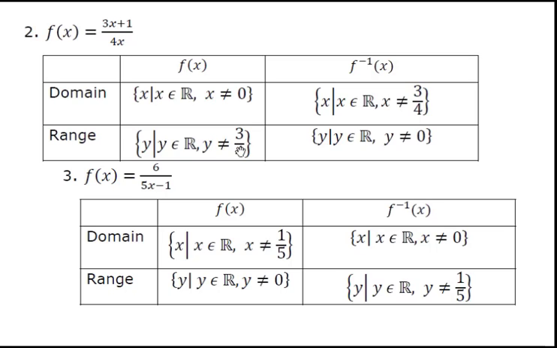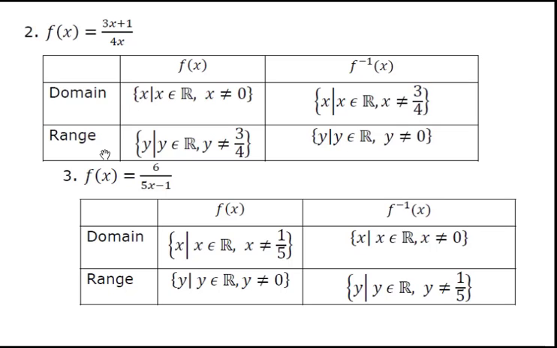So for the inverse function, the domain is the set of all x's such that x is a real number and x should not equal 3/4. Take note, whatever is the range of the original function will be the domain of the inverse function.